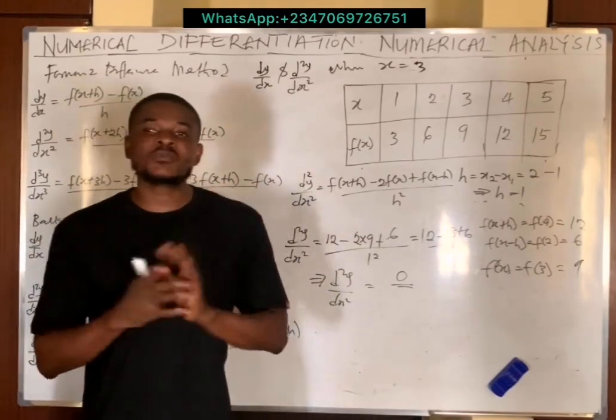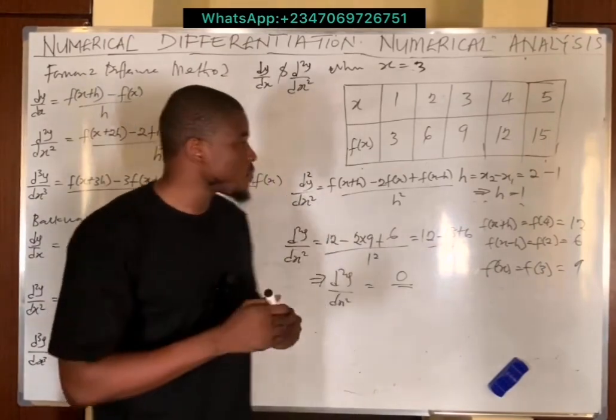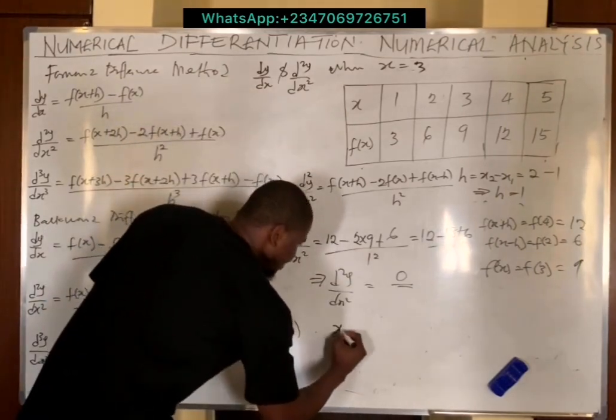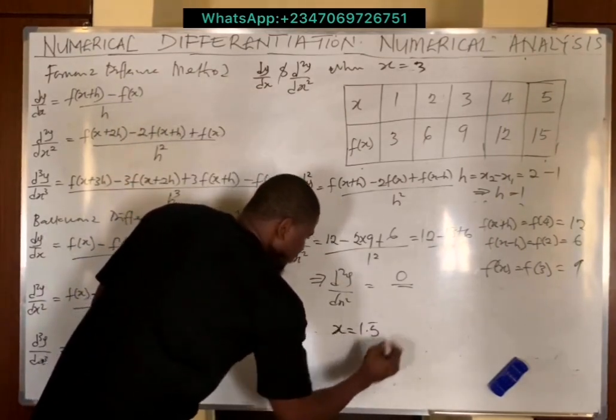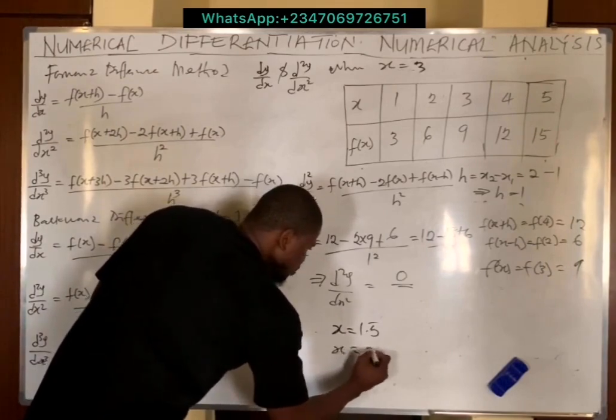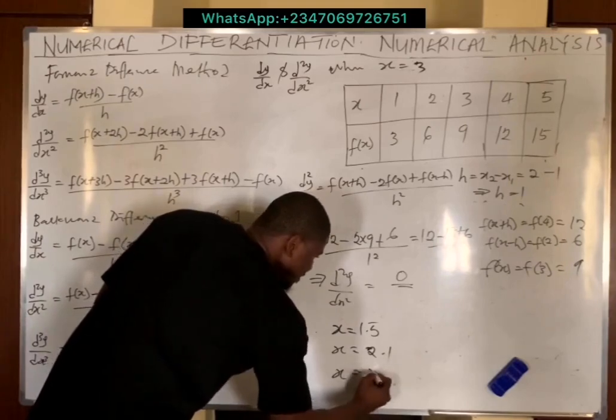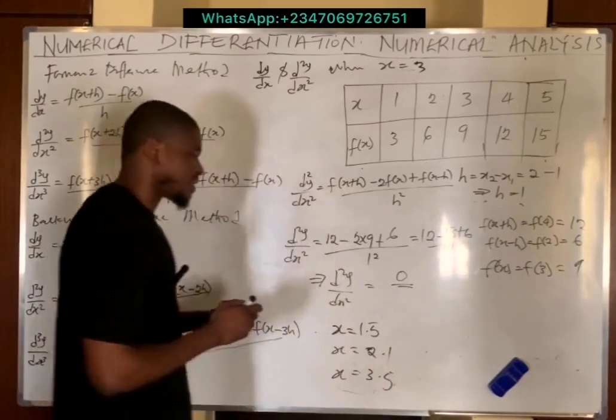Okay, so to answer the question which I raised: what if you're asked to approximate the derivative when x is equal to 1.5, or when x is equal to 2.1, and when x is equal to, let's say, 3.5, something like this.